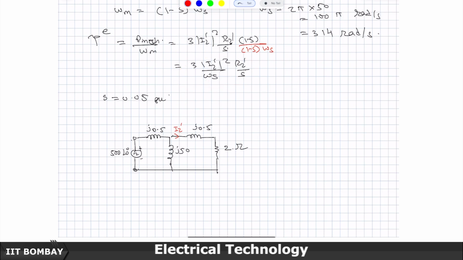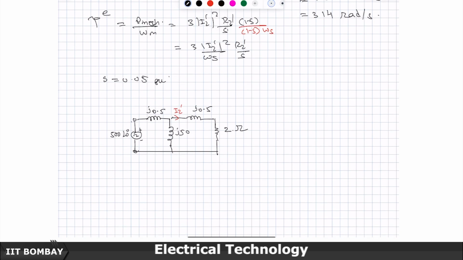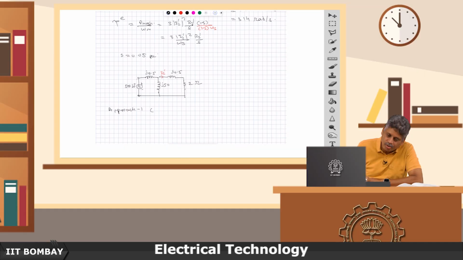So, we will take two approaches to do it. In fact, we can take three approaches to solve this problem. Approach 1, the most common one which I recommend, which I have taught in the last class: go for developing the Thevenin's equivalent circuit.